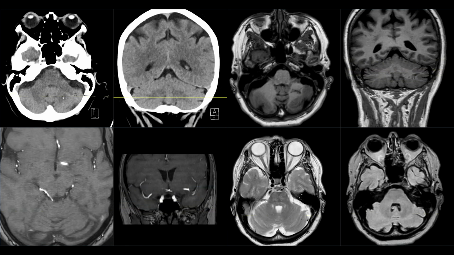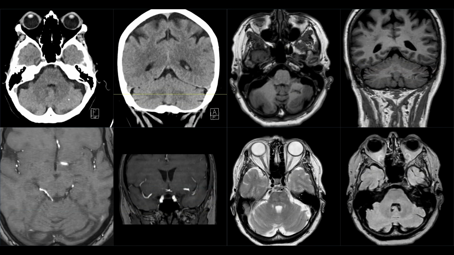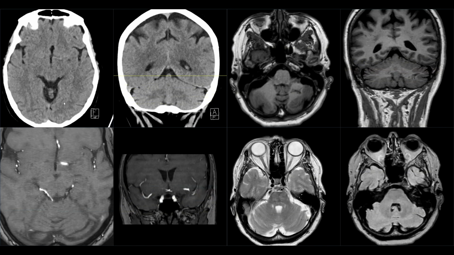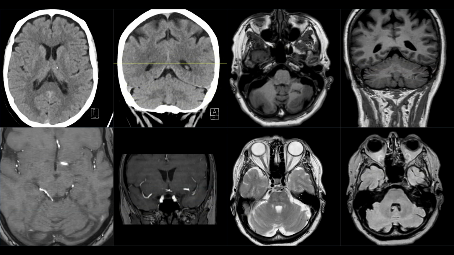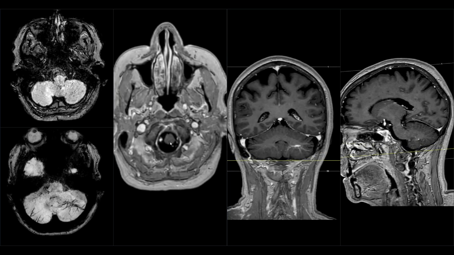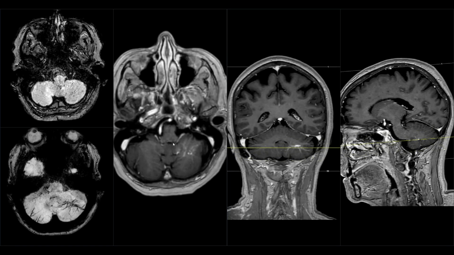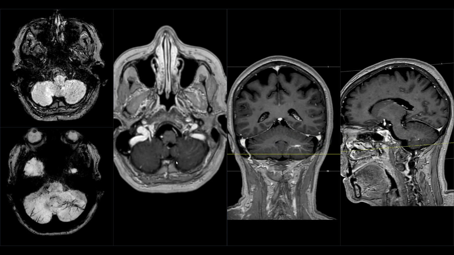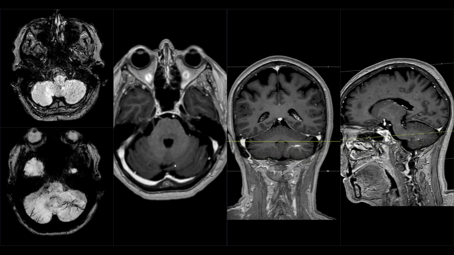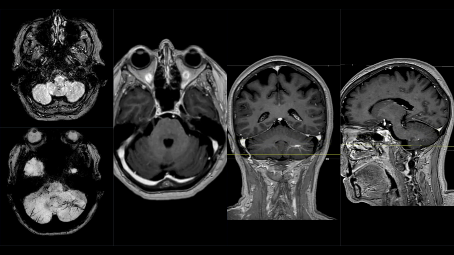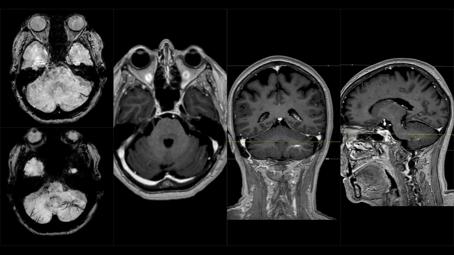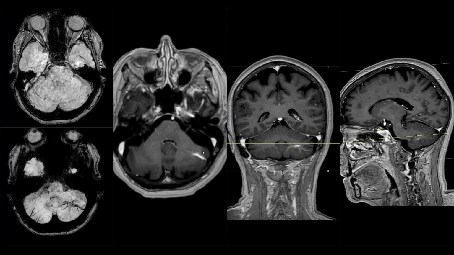So confirming the finding on the CT of developmental venous anomaly, DVA, and we see such cases really very often, and they are just being reported as a normal variant without clinical significance, as in this case.